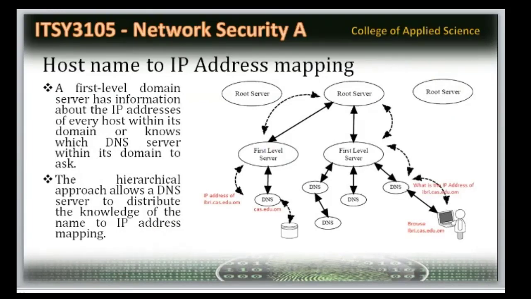In the DNS machine, it looks up the IP address of bankmuscat.com. Then the IP address will come to my machine, and my machine will communicate with bankmuscat.com. This is how things are working.